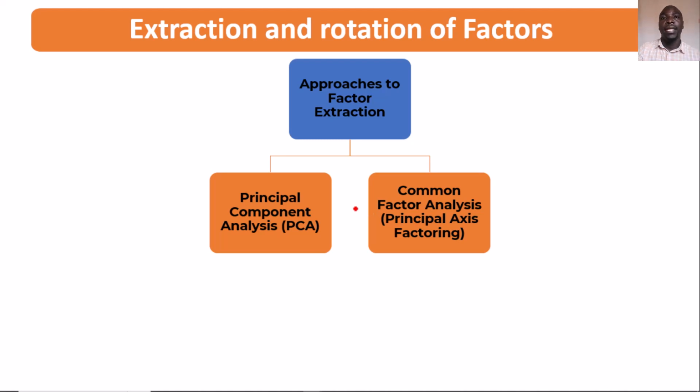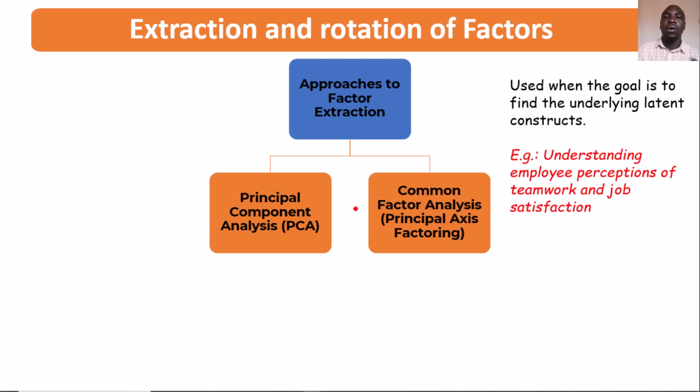The choice of method that you're going to use depends on what is the purpose of your analysis. When we look at the common factor analysis, it is used when the goal is to find the underlying latent constructs and nothing else. You just want to know, of these 10 variables, how many groups can be made of related variables.